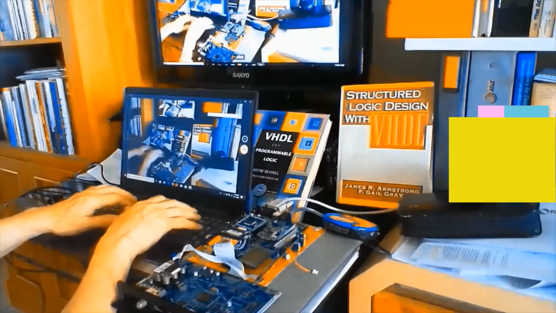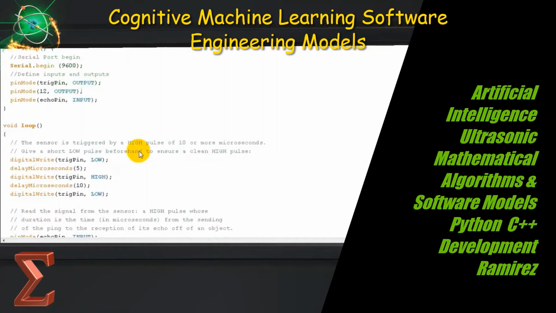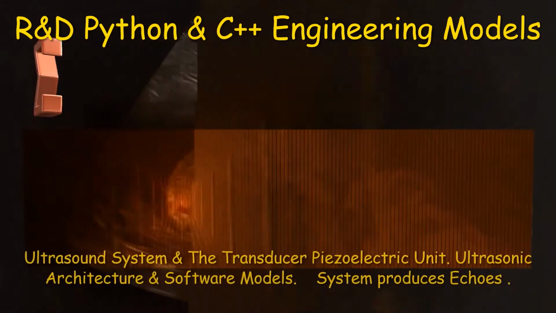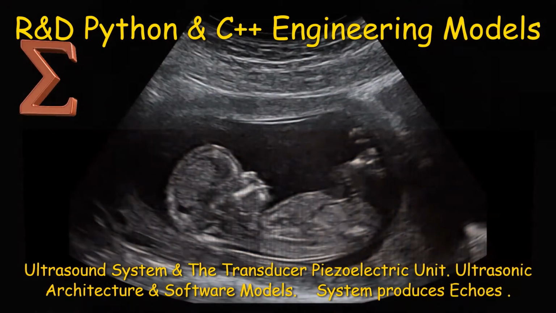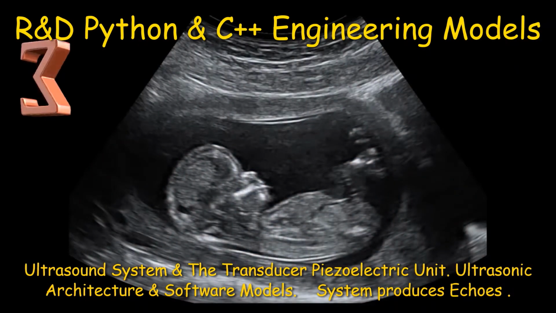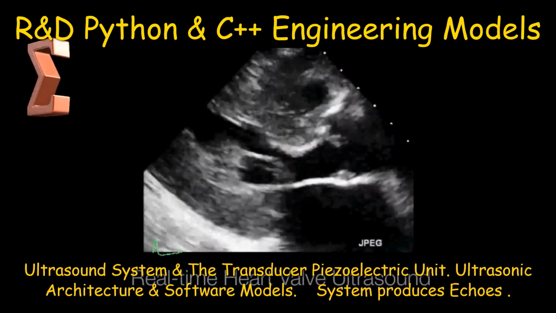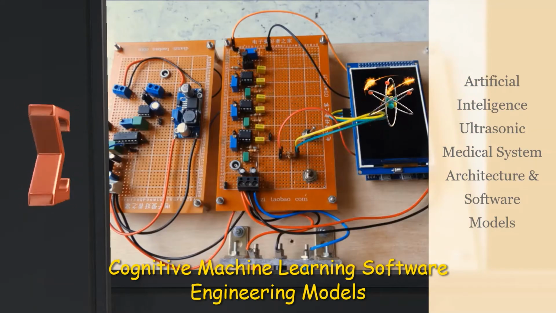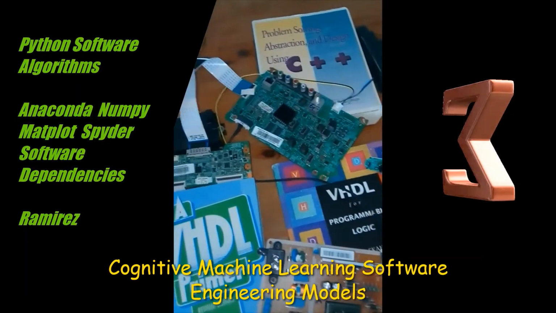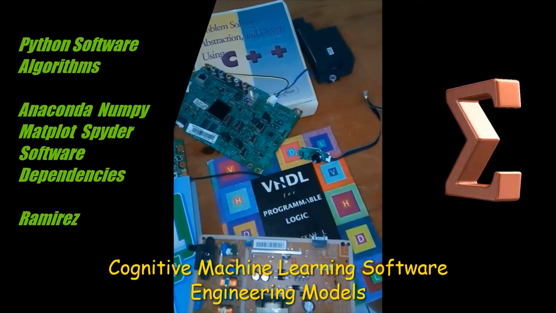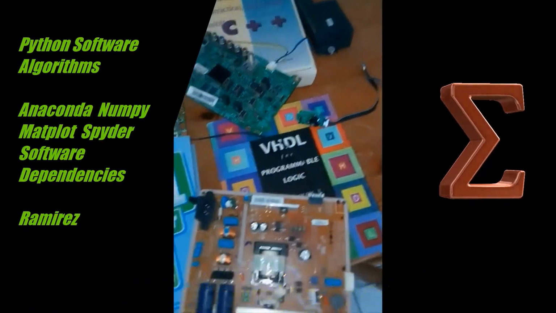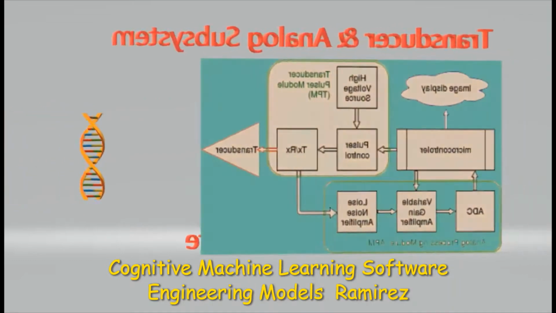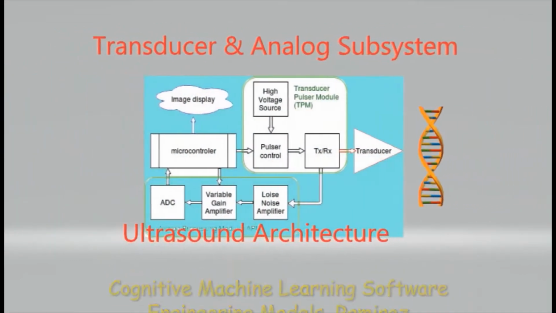When these echoes hit the transducer, they generate electrical signals and are sent to the ultrasound system. Using the speed of sound and the time of each echo's return, the system calculates the distance from the transducer to the tissue boundary. These distances are then used to generate two-dimensional images of tissue and organ.